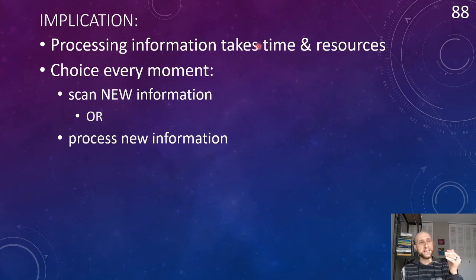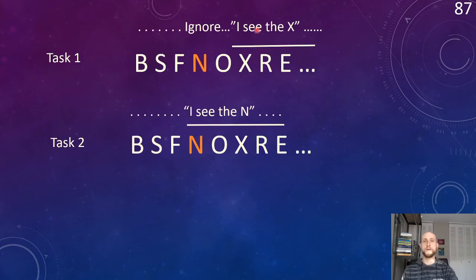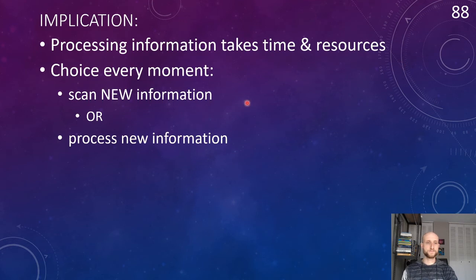But at any given moment, we are either taking in new information or processing the old information. And the attentional blink shows, okay, because I'm processing this old information, I'm going to miss this new information, right? Unless I tell you to not worry about it, in which case you're just processing that new information when it comes up.